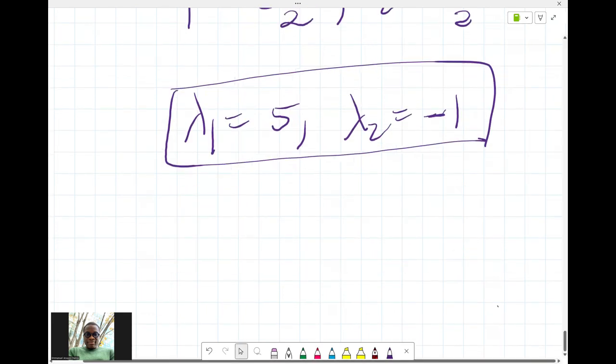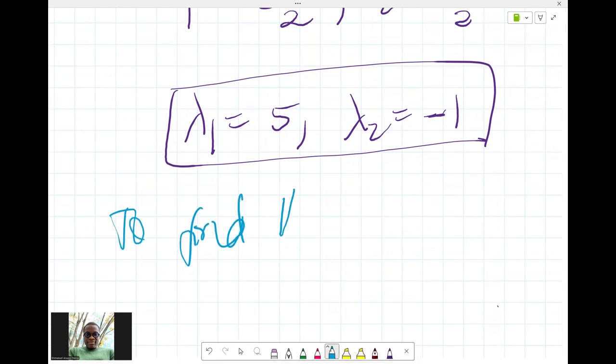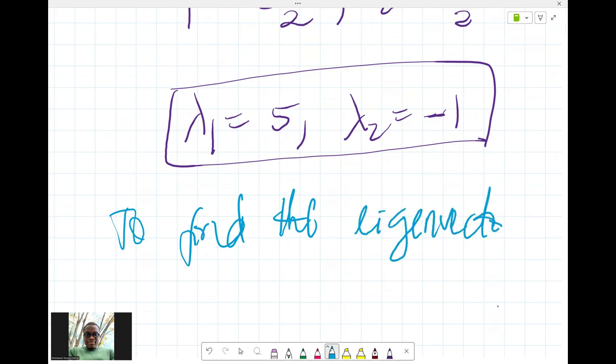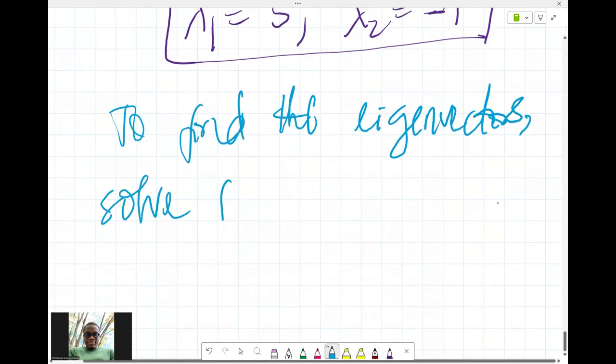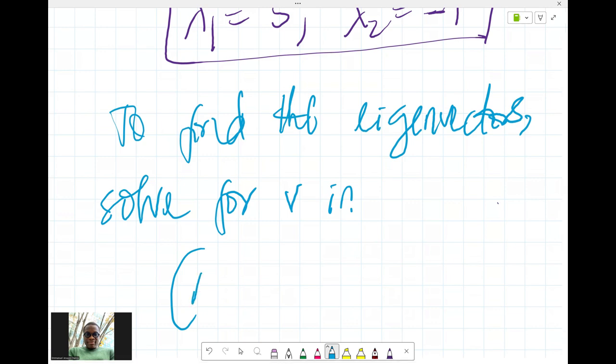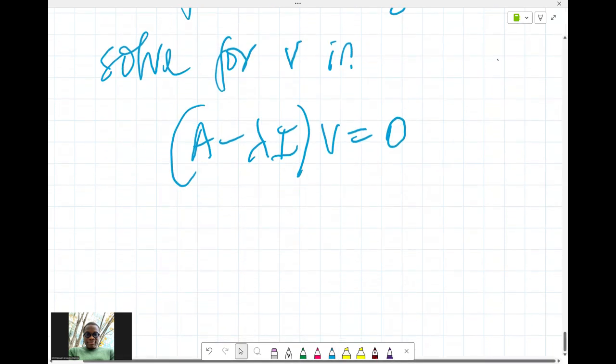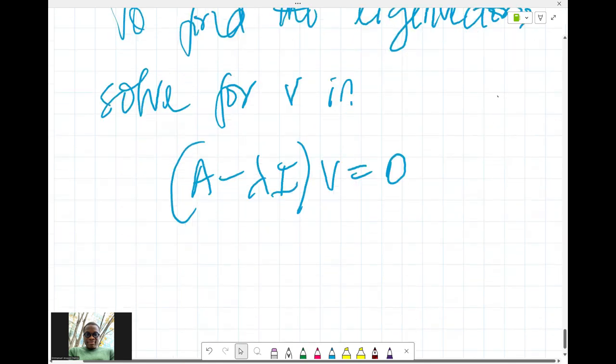So we have our lambdas that way. With that done, we can go ahead and find the eigenvectors. To find the eigenvectors, solve for v in (A minus lambda I) v. So we are looking for v. We take the lambdas one after the other.